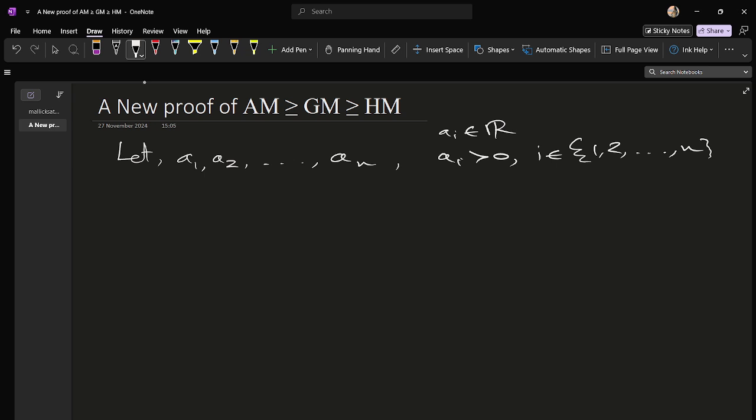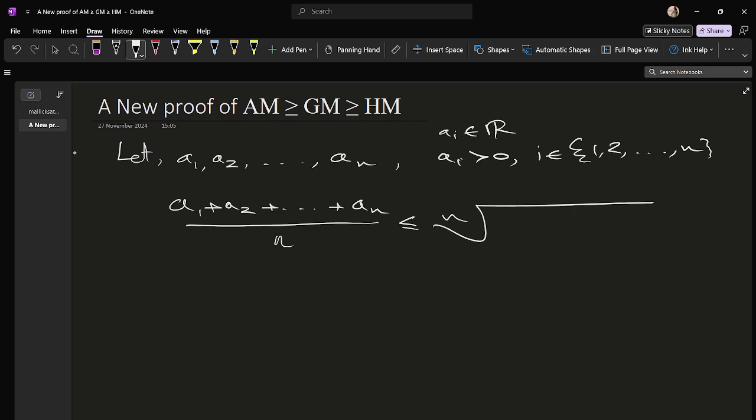What is our AM? The AM is the sum a1, a2, up to an divided by n. That is my arithmetic mean. And what is my geometric mean? We all know it is the nth root of the product a1, a2, up to an.